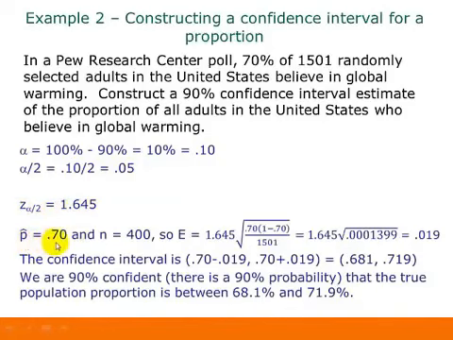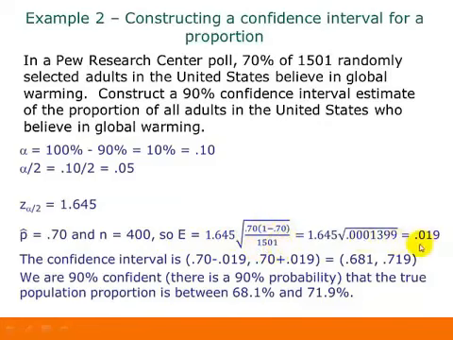In this problem, we were given the sample proportion as a percentage, 70%, so we'll change that to decimal form as 0.70, and our n is 1501. So our margin of error is 1.645 times the square root of 0.70 times 1 minus 0.70 divided by 1501.